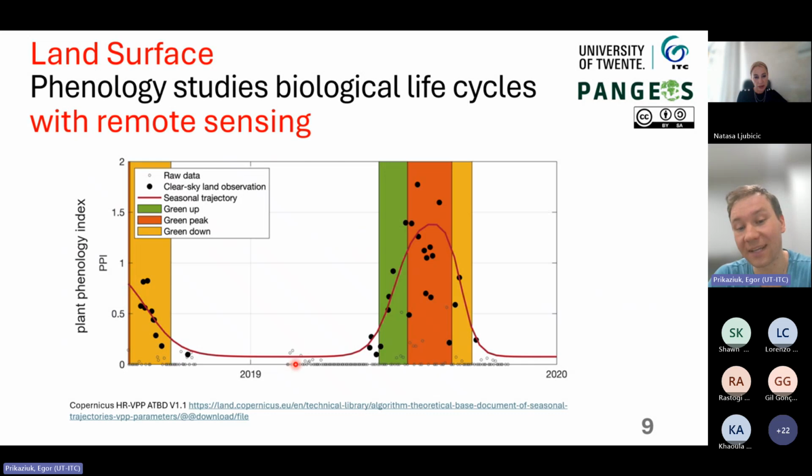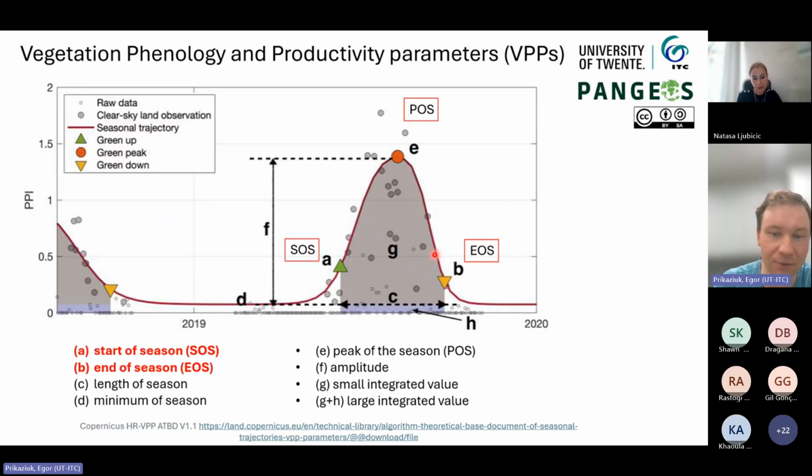But overall, if we smooth, we will be able to see that somewhere around 2019, 2020 the curve goes up, somewhere the curve goes down, and we can integrate over the periods. What we can see from remote sensing is the green-up period, the green peak, and the green-down, or some people call it brown-down because it's actually a browning phase. So this is what remote sensing phenology or land surface phenology is, and that's what we're trying to match.